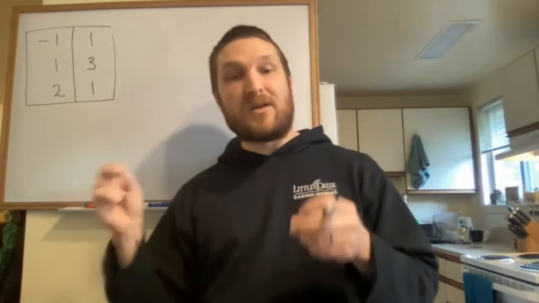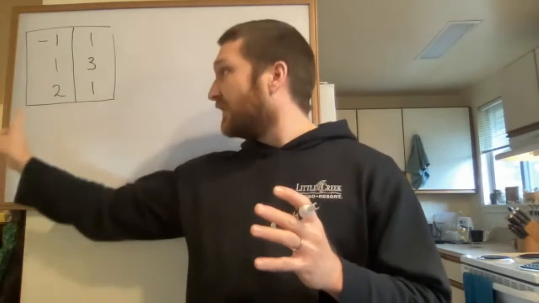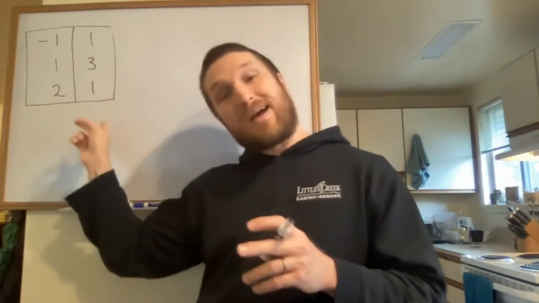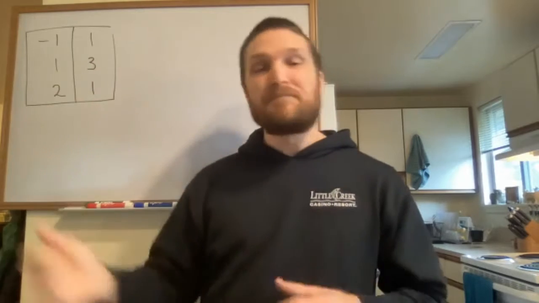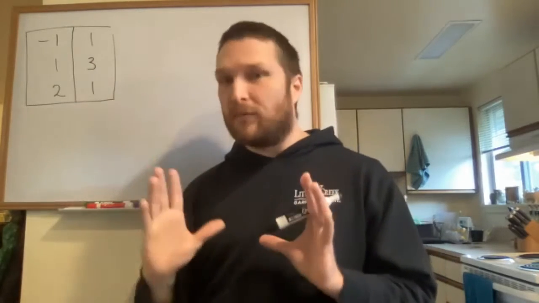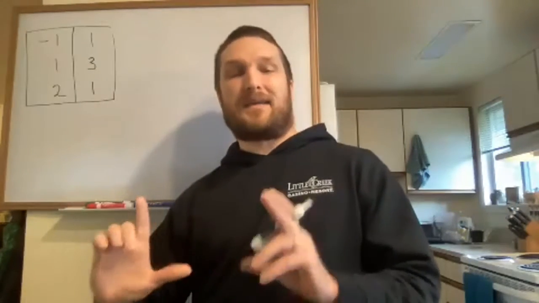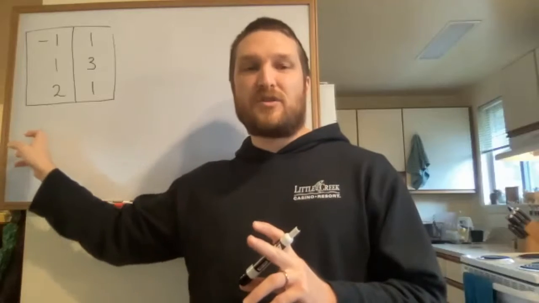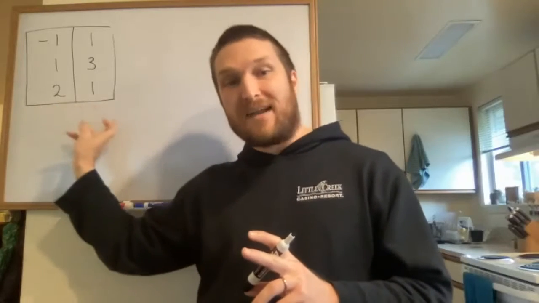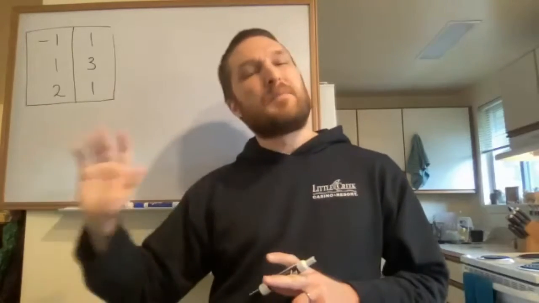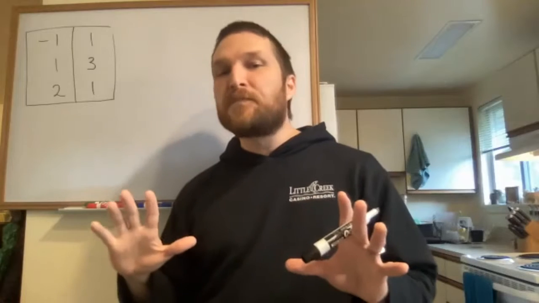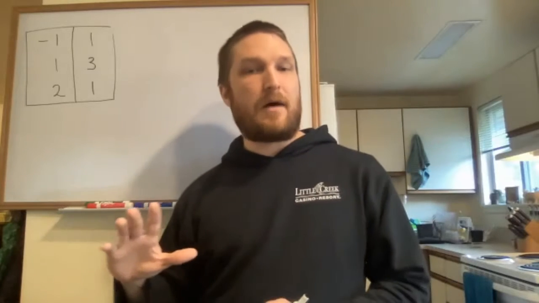Now, usually canonically, the left-hand column is your input, the right-hand column is your output. Sometimes, and hopefully, it's stated like, we want a function which takes this as input and that as output. But let's say that we didn't know which was my input and which was my output.